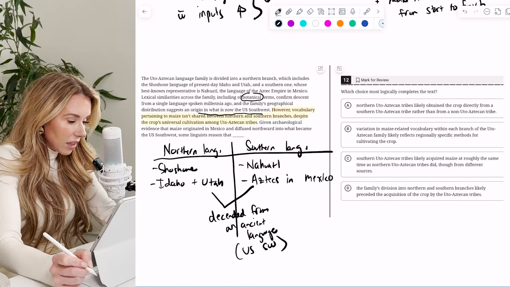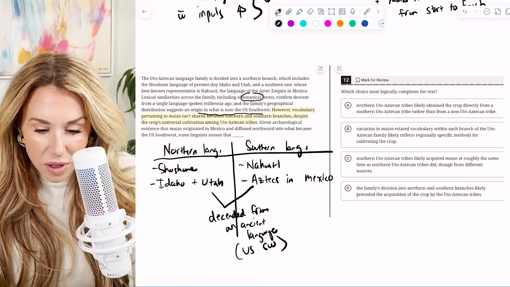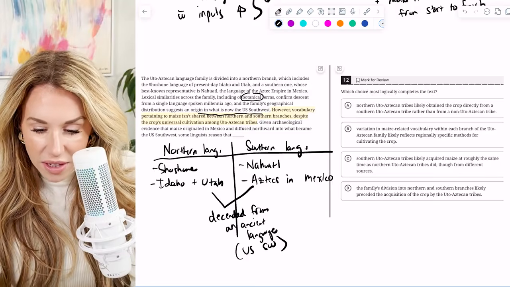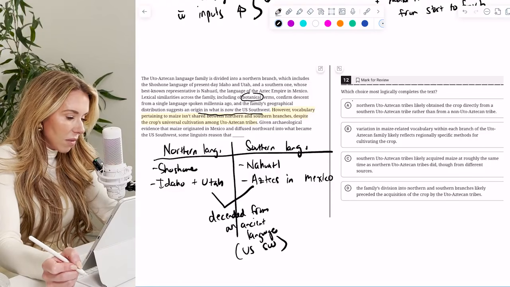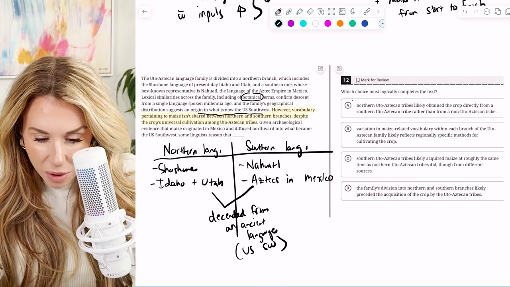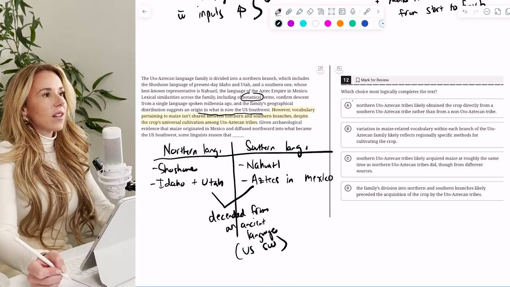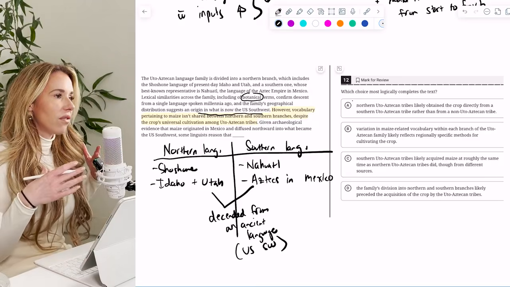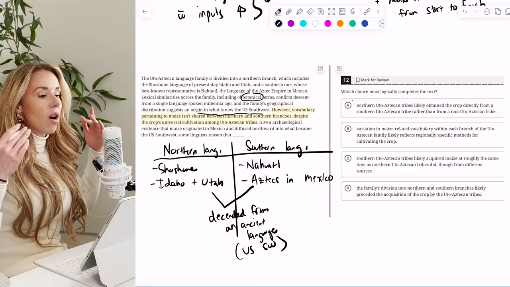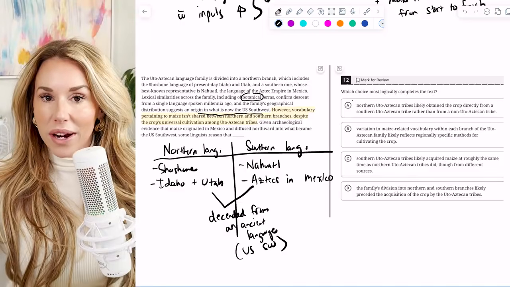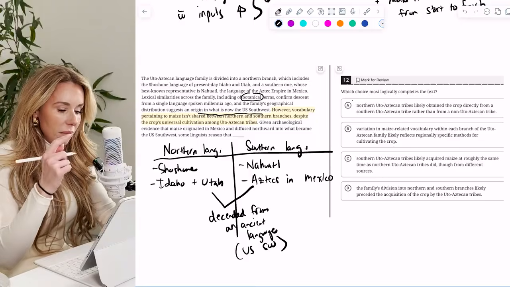However, vocabulary pertaining to maize isn't shared between northern and southern branches, despite the crop's universal cultivation among Uto-Aztecan tribes. Given archaeological evidence that maize originated in Mexico and diffused northward into what is now the US Southwest, some linguists reason that okay, so what would happen if they descended from the same place in the Southwest, but for maize, they have different words? Well, they probably split off into different branches before that word maize came up. So that's what I'm going to be looking for.